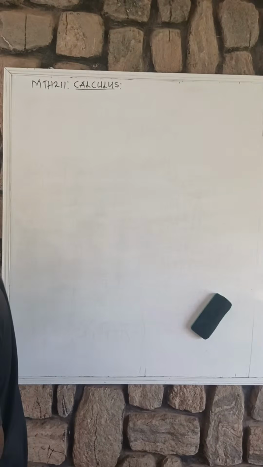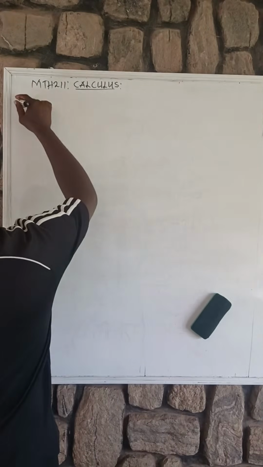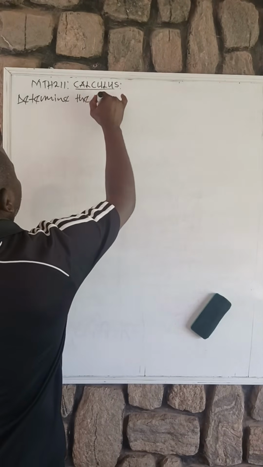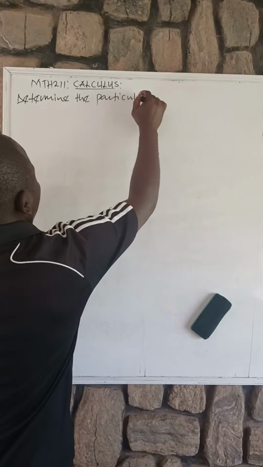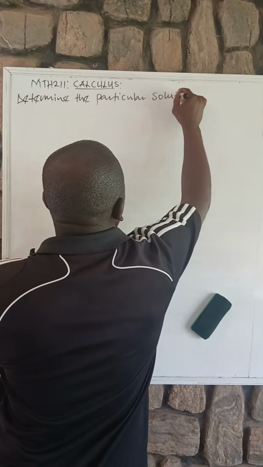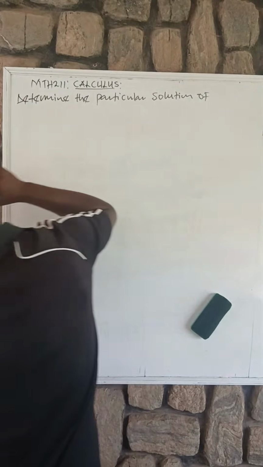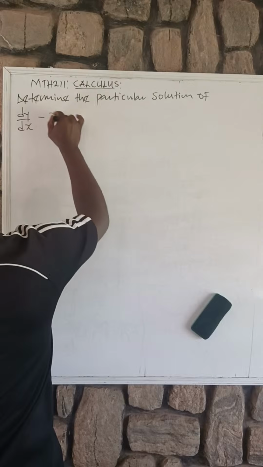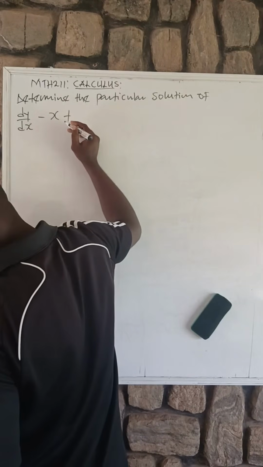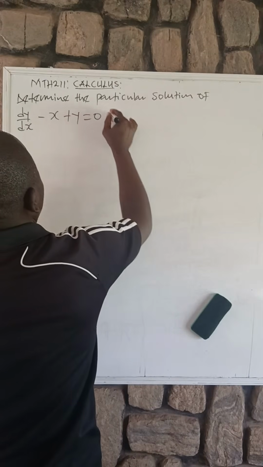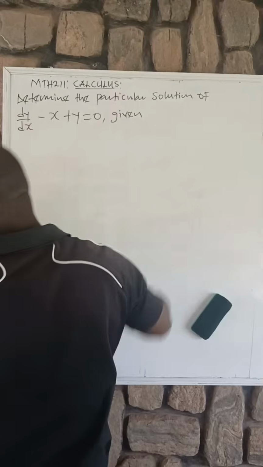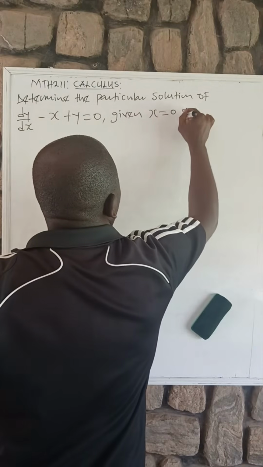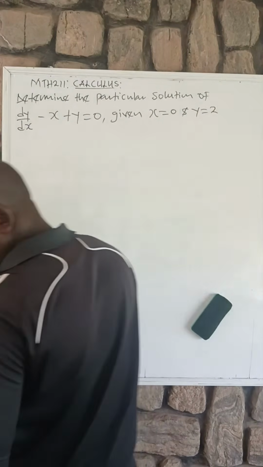Determine the particular solution of dy all over dx minus x plus y equals 0, given x equals 0 and y equals 2.